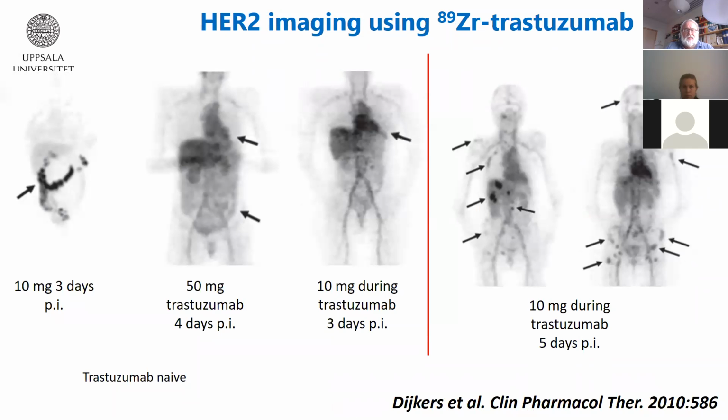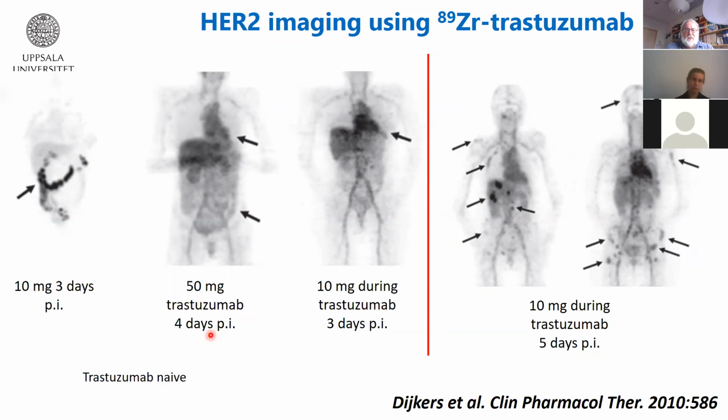Another target, very well known, is human epidermal growth factor receptor type 2, a molecular target in breast and gastroesophageal cancer. If you inject too little, for example 10 milligrams, it will be taken up by the liver and processed, and in this particular case, 3 days after injection, all activity was in the gastrointestinal tract, where it was excreted from hepatocytes.